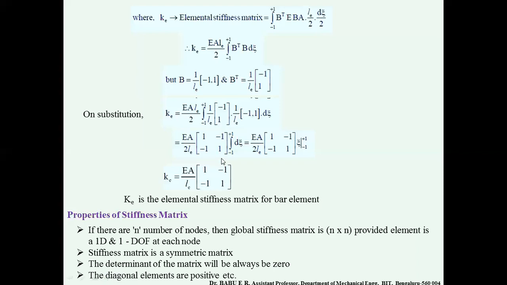When you expand this matrix and find the determinant, it will always equal 0. And the last property is the diagonal elements are always positive. That is, the principal diagonal elements will always consist of non-zero positive values.